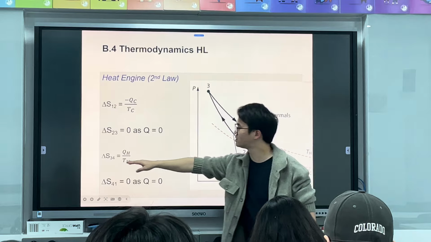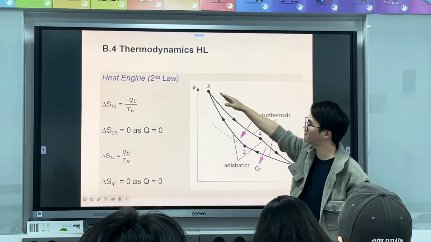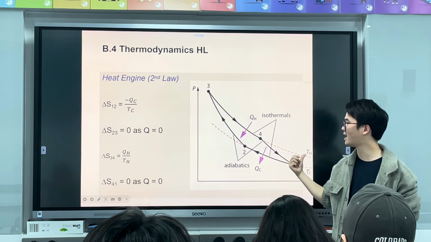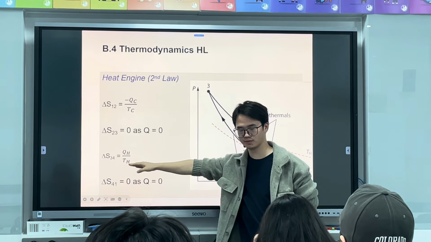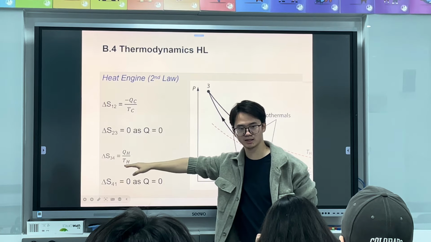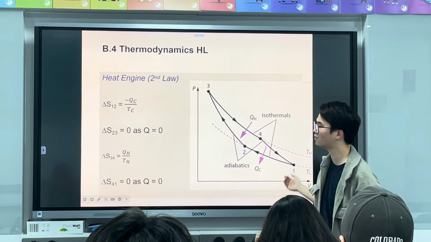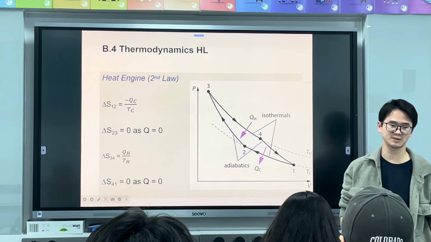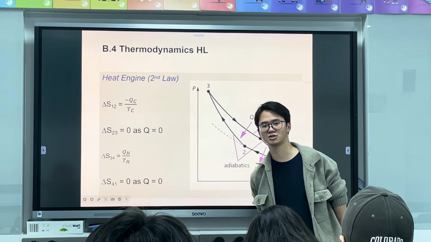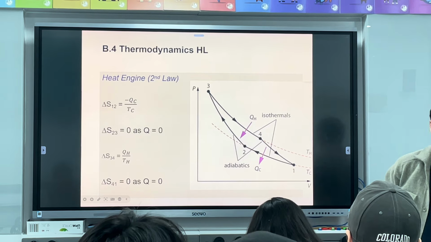And for delta S34, where we have isothermal expansion from 3 to 4, we have QH, the amount of heat absorbed, divided by TH at this temperature. And lastly, from 4 to 1, it's adiabatic expansion. Again, there is no transfer of heat energy, so no change in entropy.